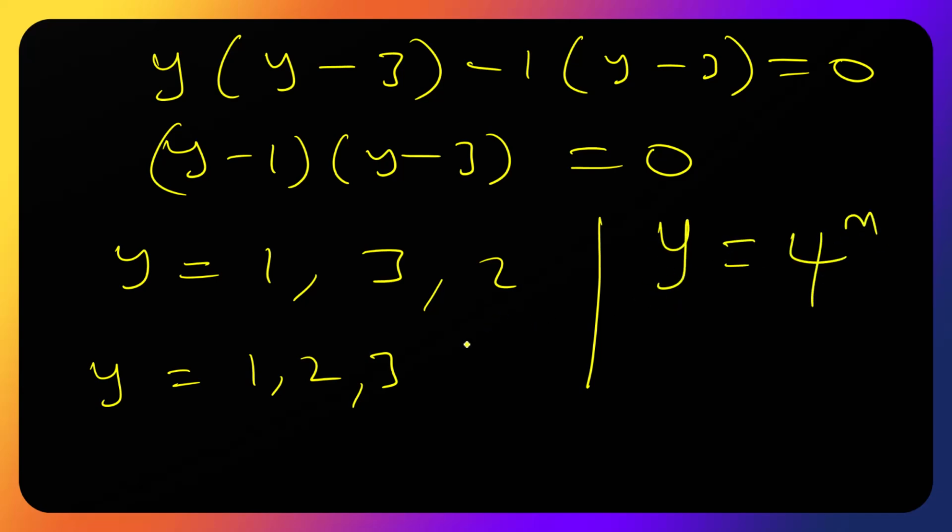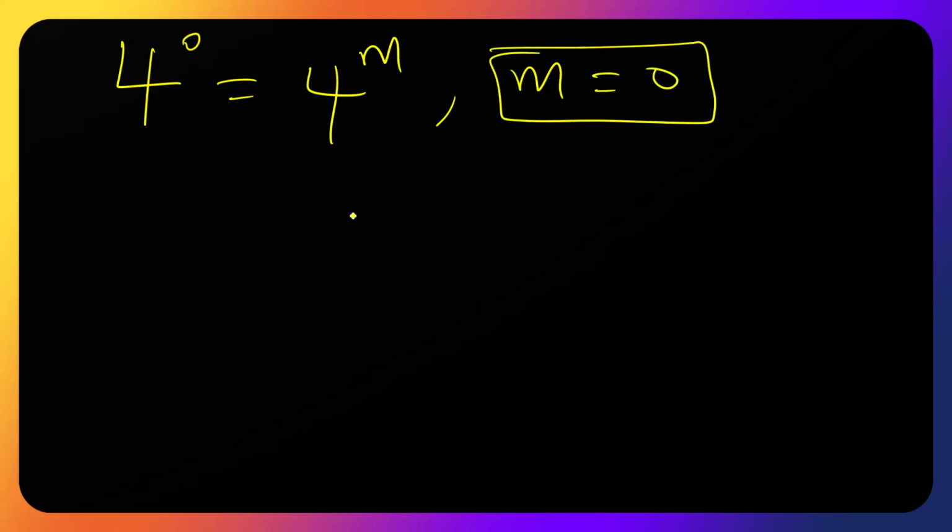Now let's start with when y is 1. So 1 equals 4 to the power of m, and you can change the 1 on the left to 4 to the power of 0 equals 4 to the power of m, and m is simply 0. So that's the first solution.